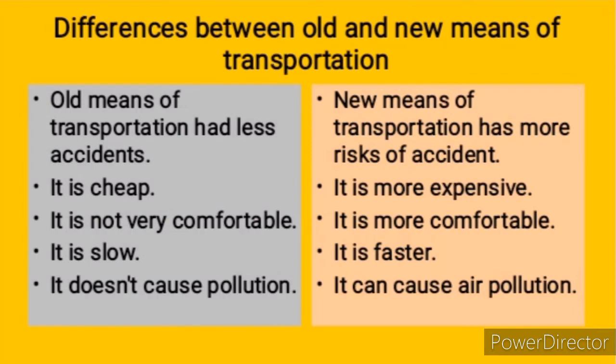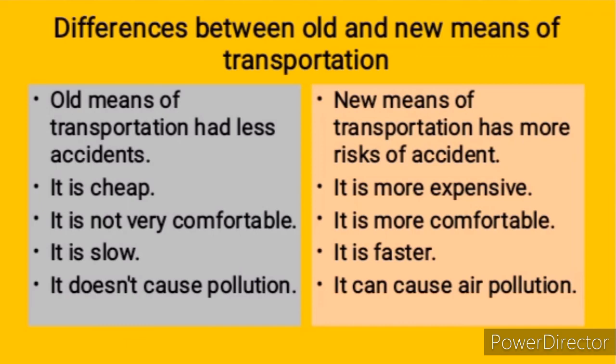When everybody was depending on their feet to take them wherever they wanted to go, there were fewer accidents with trekking and riding on animals. But in the new means of transportation, there is more risk of accidents, as we always hear on the news every day of one accident or the other, maybe on the road, or even a plane crash or a ship capsizing.